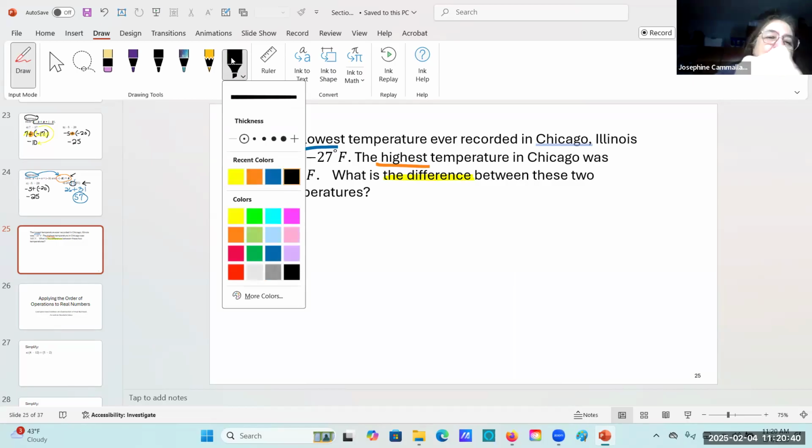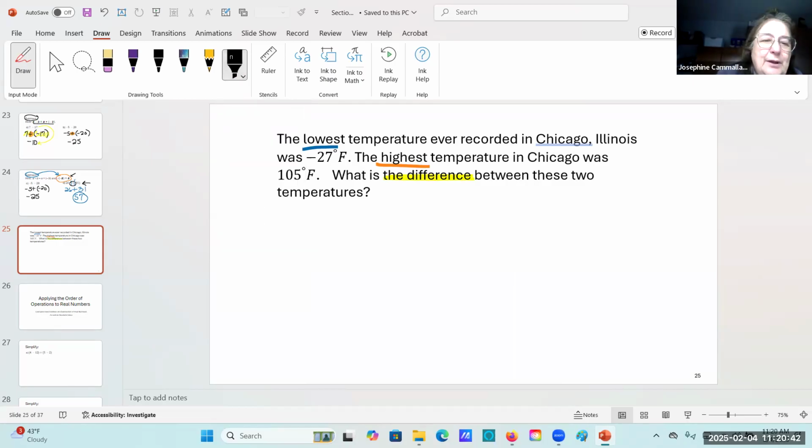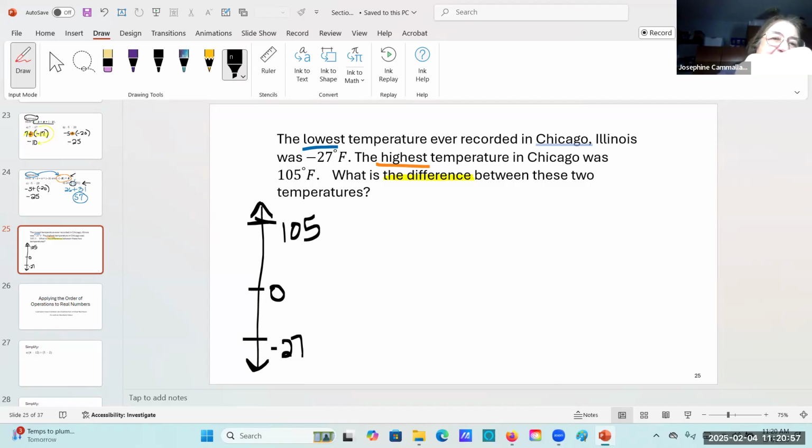I'm going to give you a picture to try and help you. Here's a thermometer. Down here is negative 27. This is 0. Way up here is positive 105. They are asking you for the difference between these two numbers.